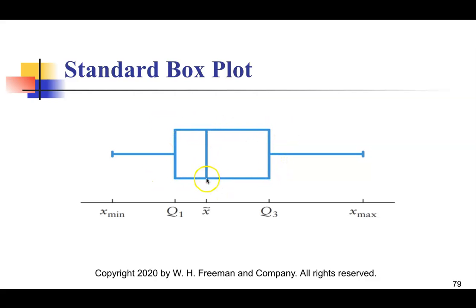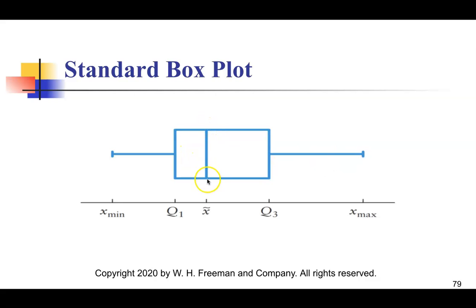Then you put a line that represents the median, and then you stretch your whisker from Q3 to the max and from Q1 down to the min. And so you can see the minimum, the Q1, the median, Q3, and the maximum represented in this box plot.